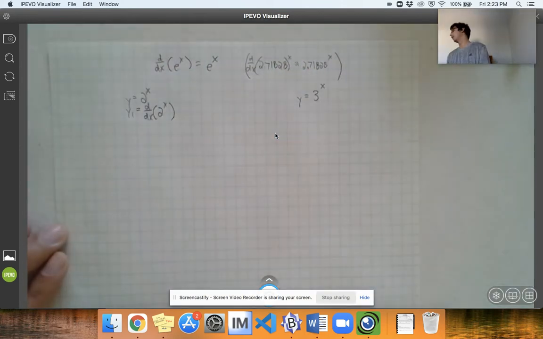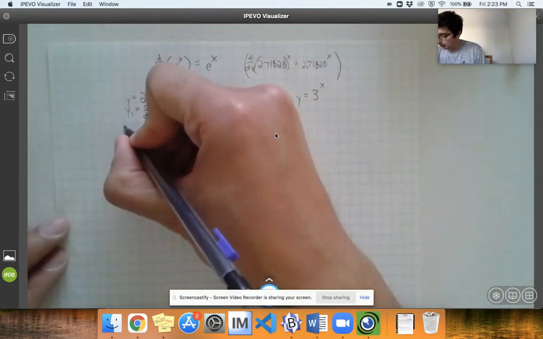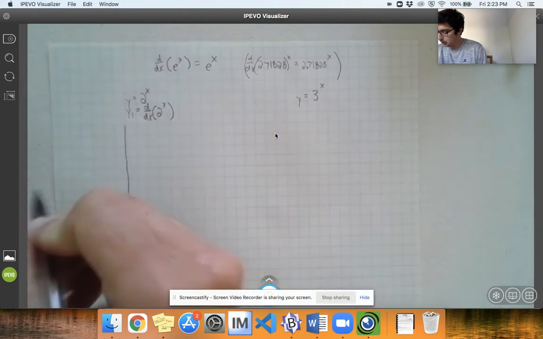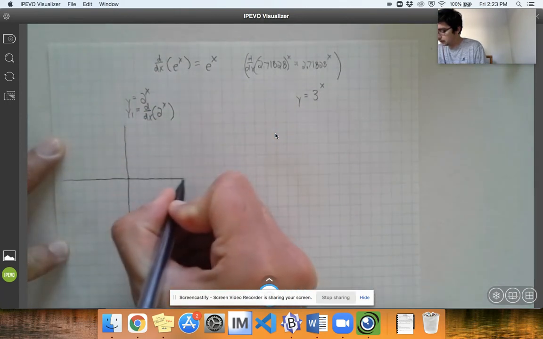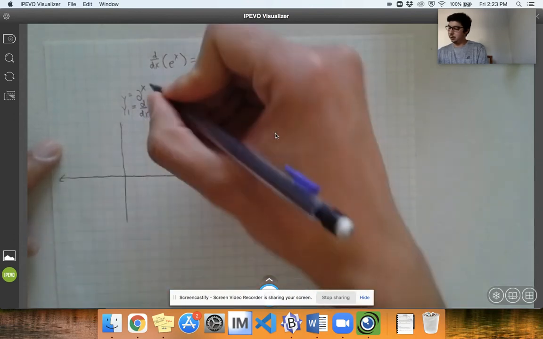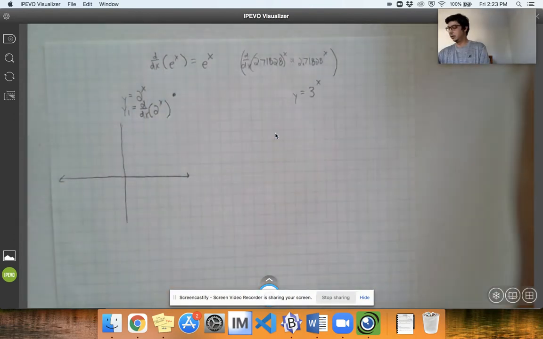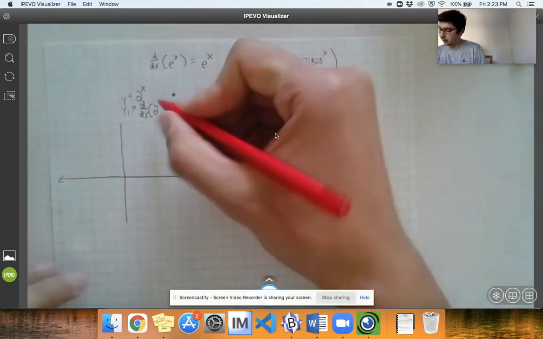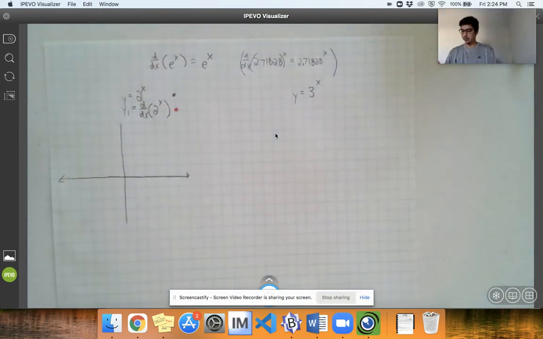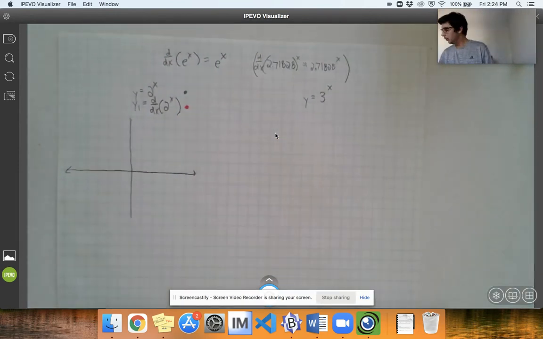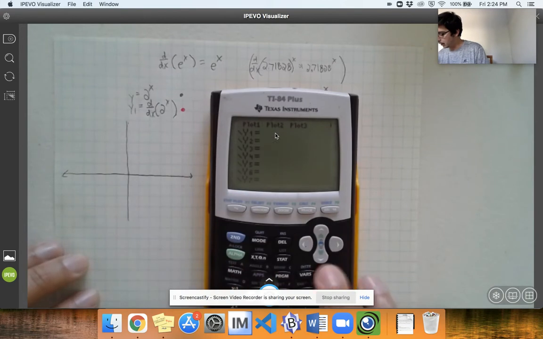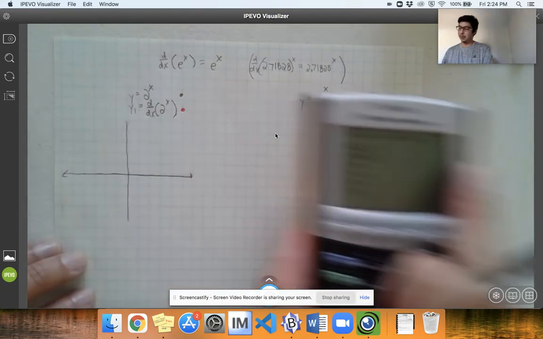Let's see what's happening. Okay? If I make a graph of this, I'll do 2 to the x in pencil, and I'll do the derivative of 2 to the x in red. So we know that 2 to the x, and then we're going to look at, how do you put in the derivative of 2 to the x? Remember that we can't put in this.